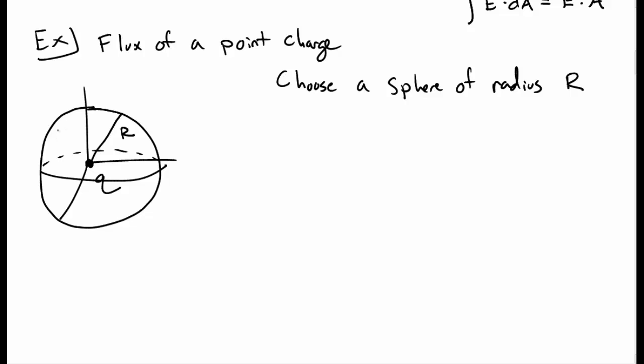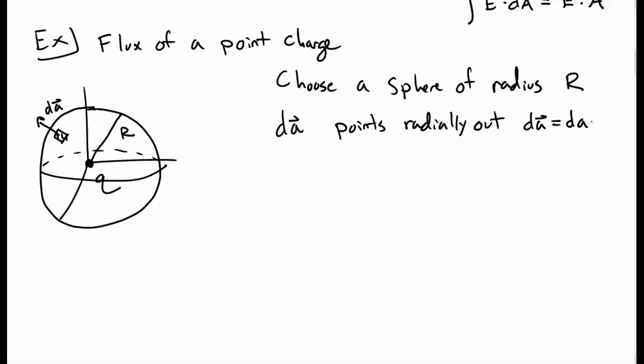One of the first things we need to do is find dA, a little bit of the differential area vector. The differential area vector dA certainly points radially outward all over the surface of the sphere. And so dA is just the magnitude dA times r hat. It's obvious that we should use spherical coordinates in this case.